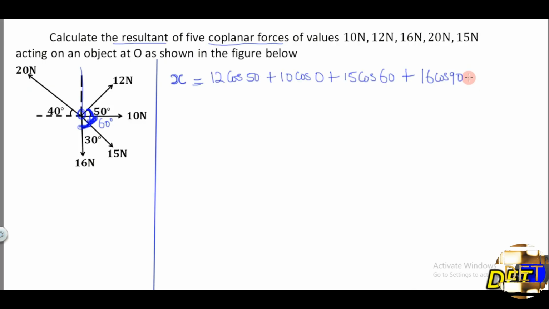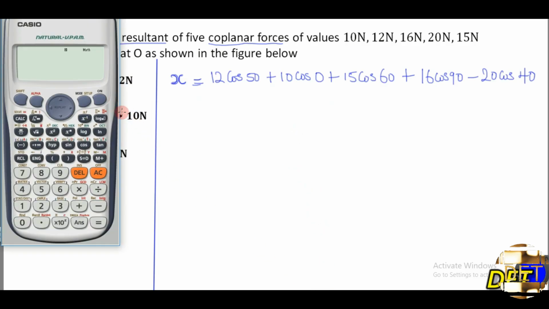So that will give me minus 20 cos what? It is acting towards the horizontal. Cos 40. So that's that for the horizontal component.